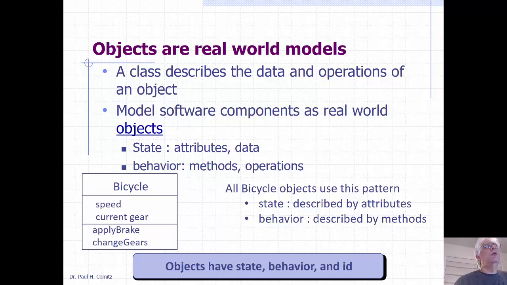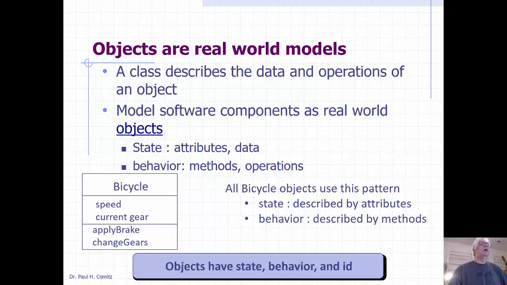So objects are real world models, and a class, so classes and objects, a class describes the data and operations of an object. Some people like to think of a class as a blueprint for objects, a blueprint of the state and behavior.